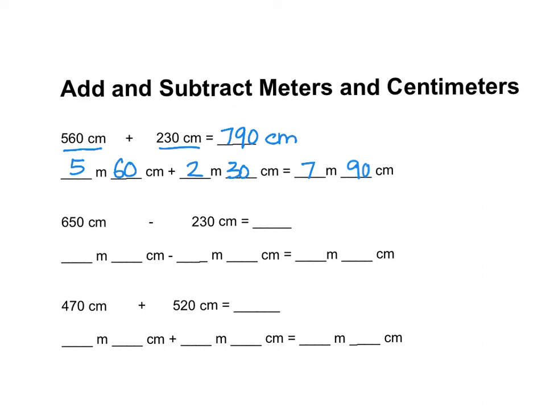The next problem, we're going to do the same way: 650 centimeters, and we're going to subtract 230 centimeters from that. So we'll start with our 650 centimeters renamed as 6 meters, 50 centimeters. Our 230 centimeters can be renamed as 2 meters, 30 centimeters. I want you to go ahead and do that subtraction, and then we'll put it onto the board. I'll give you a few seconds to do that.